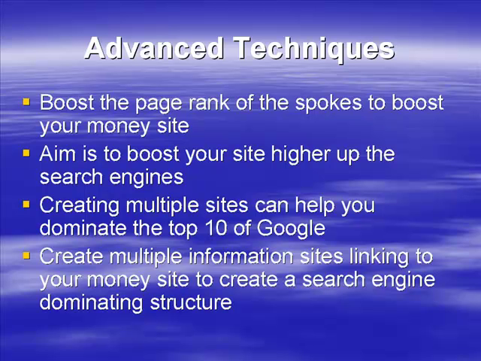So you would have a central money site, which is, say, an information product. Around this, you may have, say, a dozen different websites that are all promoting that product from different points of view. You may have review sites, information sites, et cetera. So you've got those sites feeding into your central site as well. And then you've got link wheels on each of those sites and on your central site.